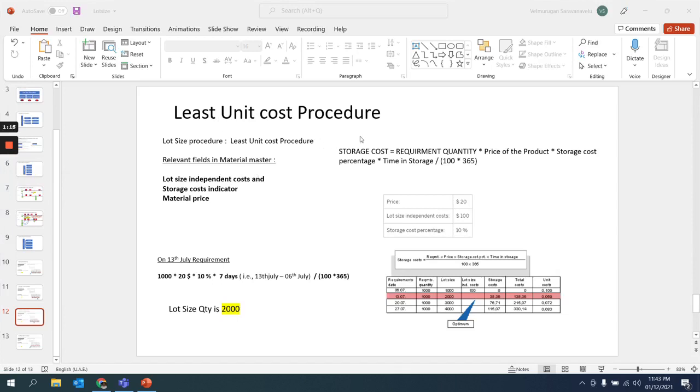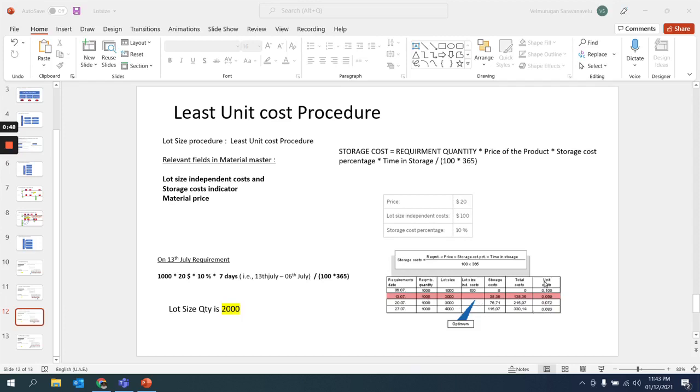In this cost procedure, system uses the same formula. Additionally, it calculates the unit cost. Unit cost is nothing but the total cost divided by the cumulative lot size. That means system calculated 0.069, which is $138.36 divided by 2000.